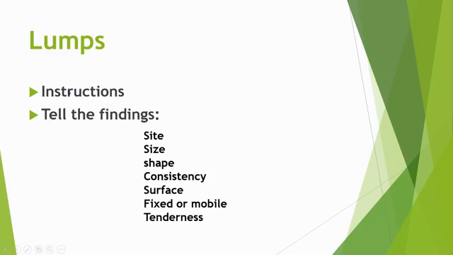Now, lumps in the abdomen. A lump may present in any part of the abdomen, the quadrants, and according to the presence of lumps at the quadrant, the disease of the related organ is usually the cause of lumps.